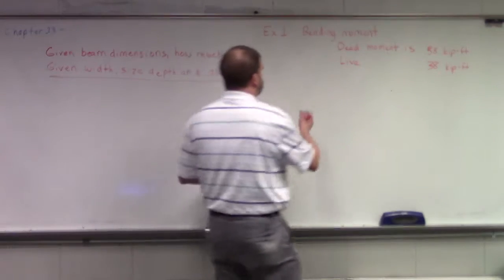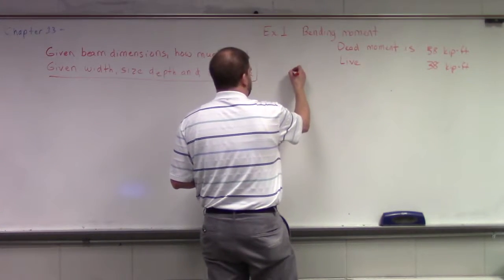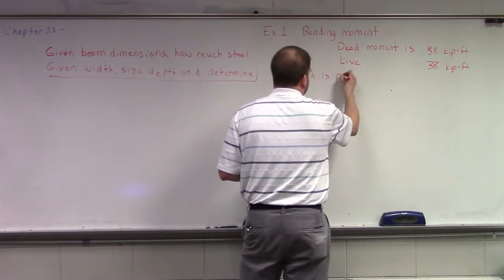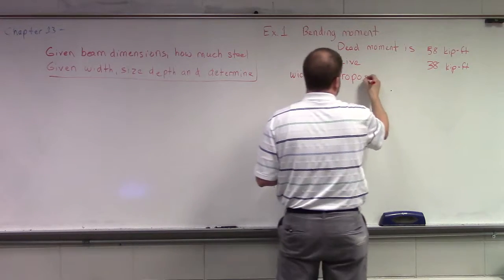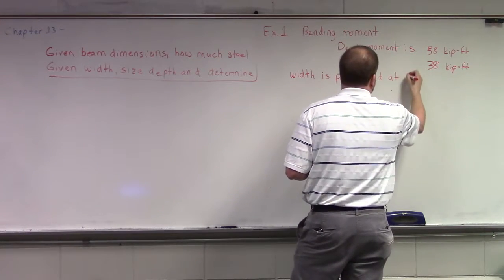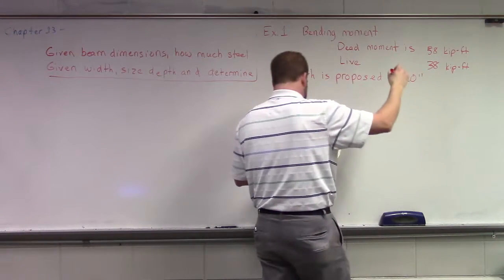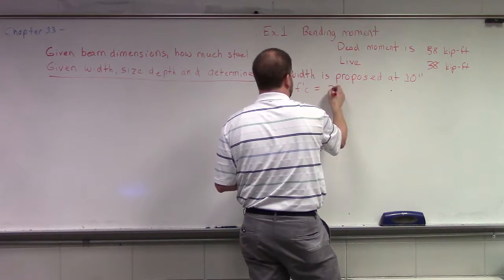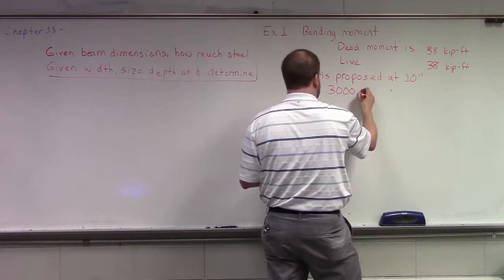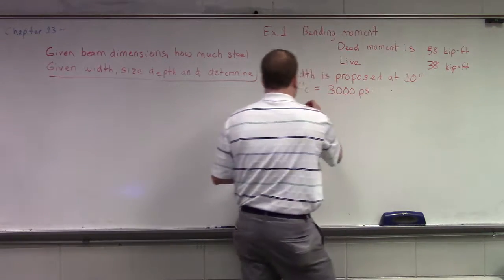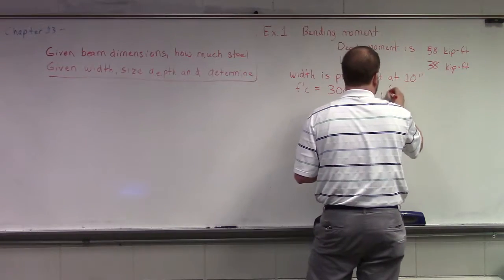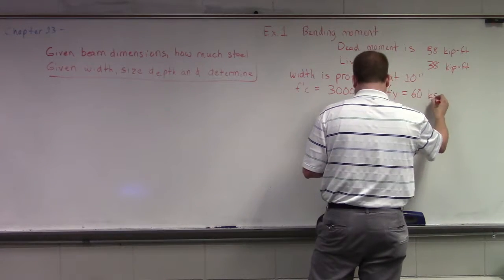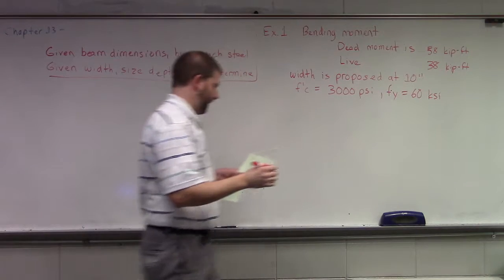Because of our construction conditions, our width is proposed at 10 inches. Our F prime C, so our design strength of our concrete, is going to be 3,000 psi, and we're going to use grade 60 steel, sorry, not grade 50 steel. Okay, so 60 KSI.